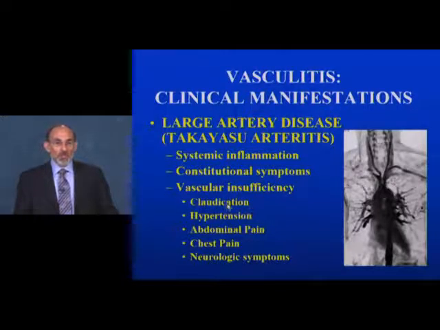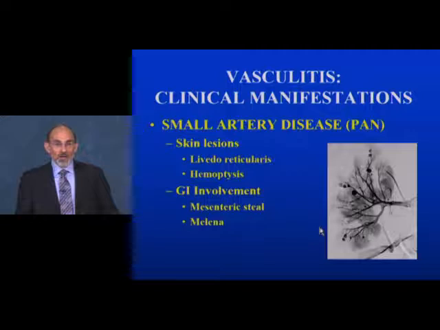So one gets pain with use, claudication, one gets hypertension if it involves the kidneys, abdominal pain if it involves the abdominal vessels, chest pain if it's the coronary arteries, and neurologic symptoms if it's the carotids.